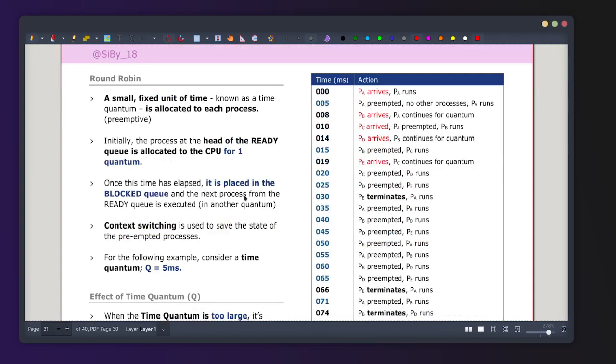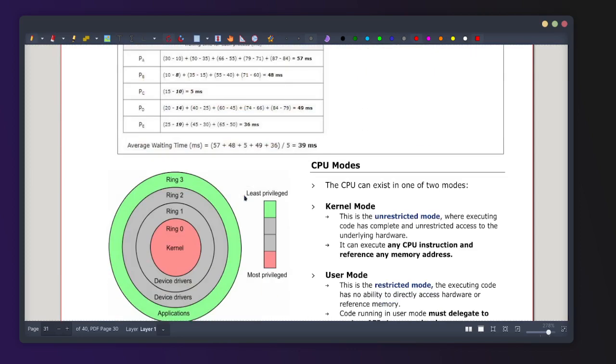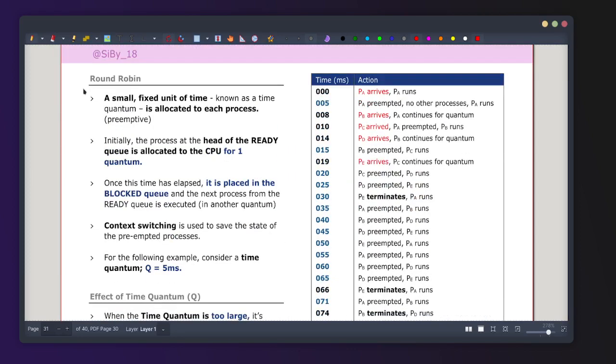And the last algorithm we will discuss for this syllabus is the round robin scheduling algorithm. Round robin we already discussed, I believe, in the first video in this series. So hopefully you should have an idea about what this is.